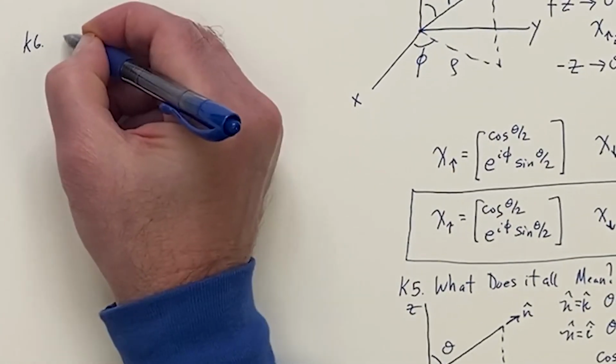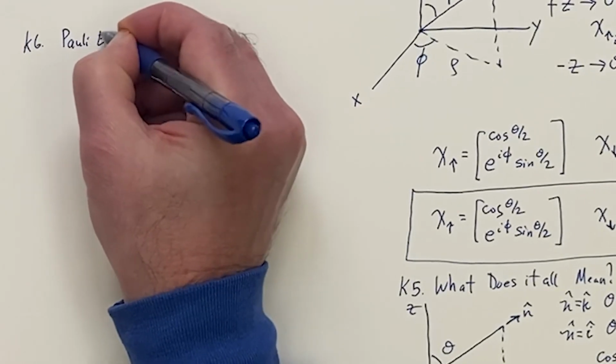Okay, and the last thing here is the Pauli equation.